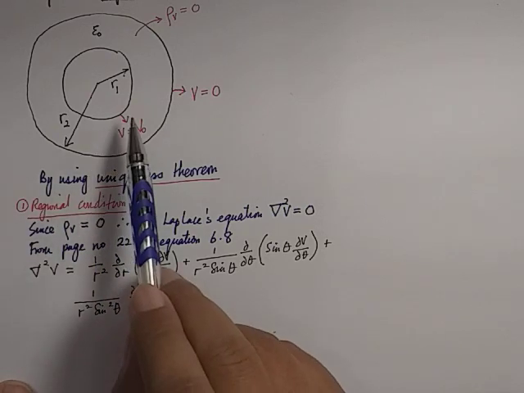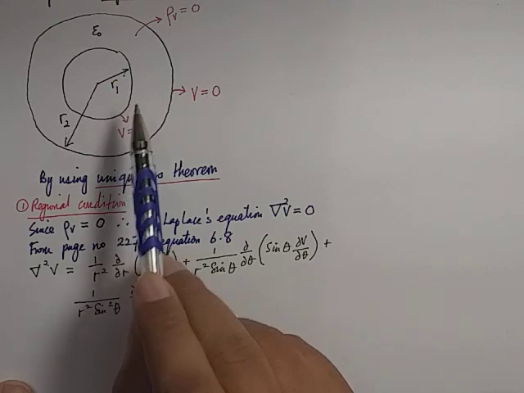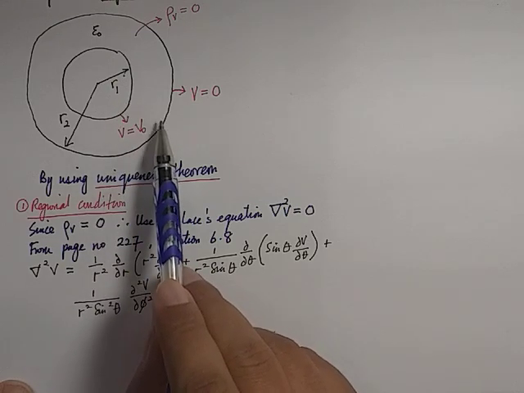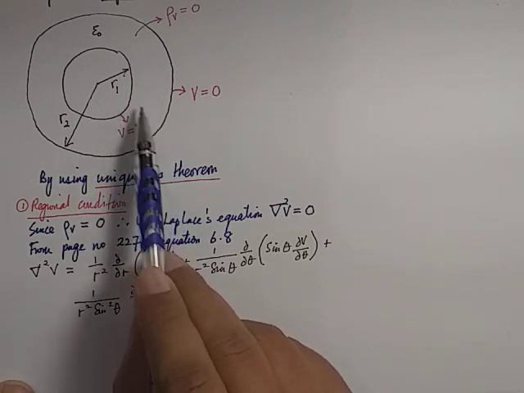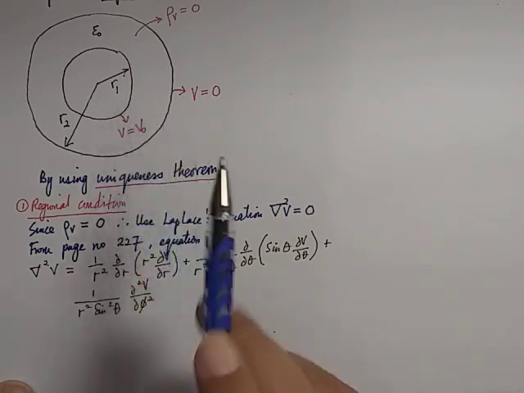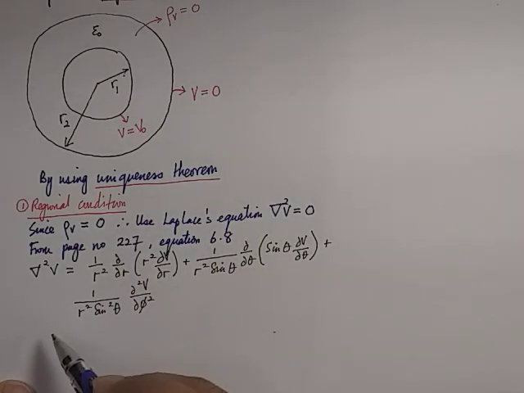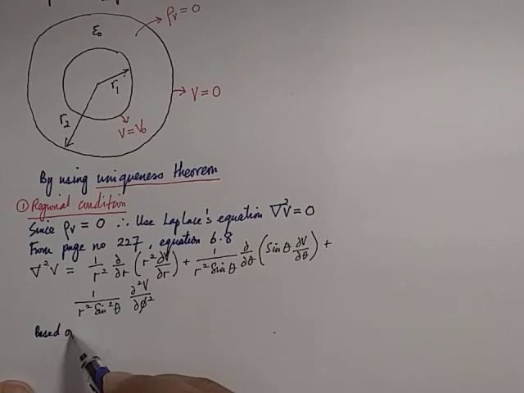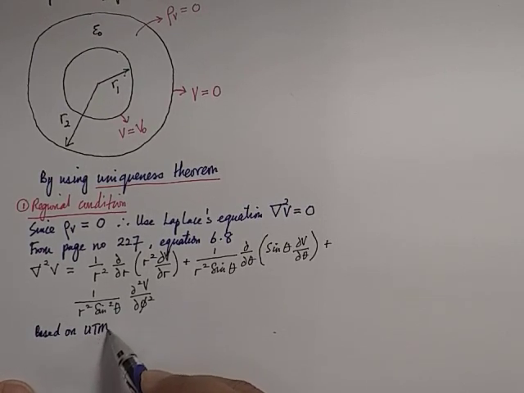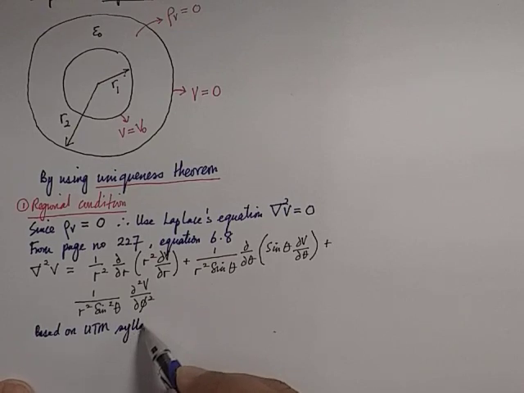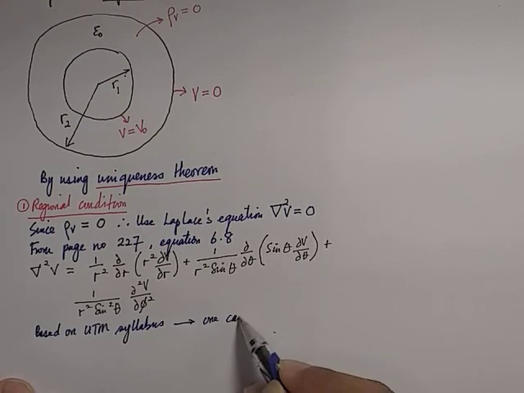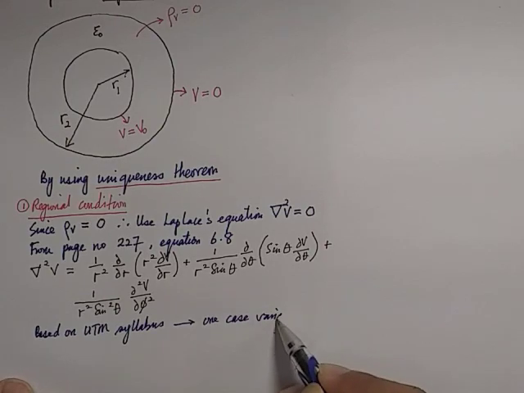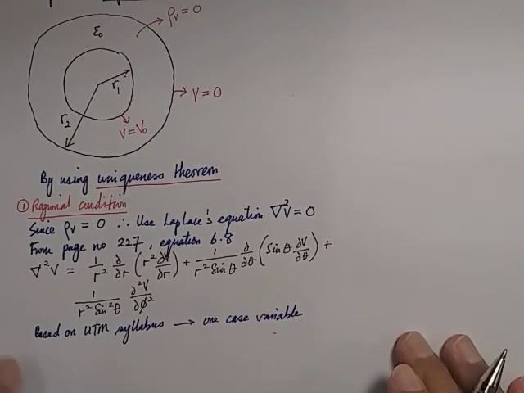From the movement of my pen from this point to this point, I can see the dominant variable that I can assume here is going to be the r variable. Okay, so based on our UTM syllabus, what I'm saying here is just one variable.